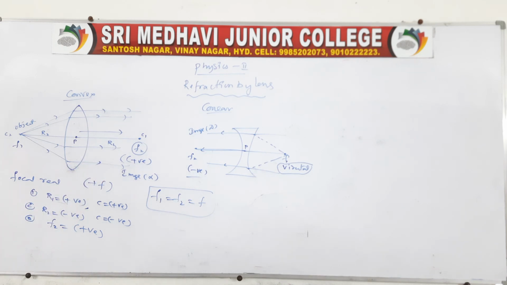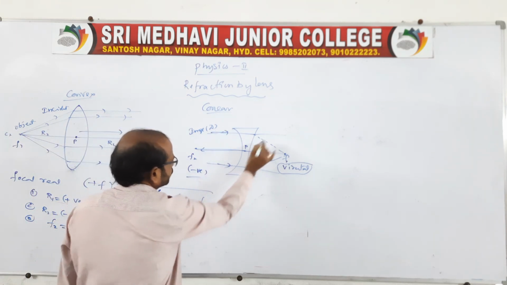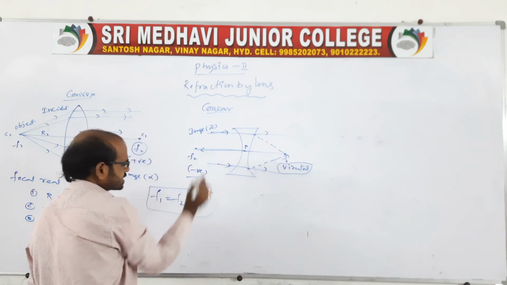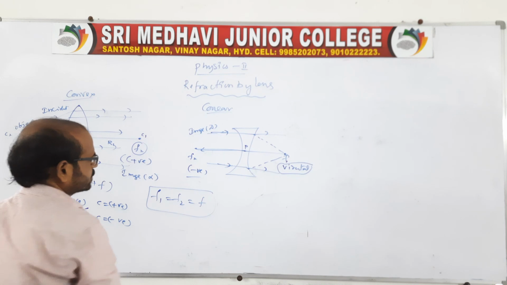All distances are measured from the optic center only, because these are incident rays. Clear? Now in this situation the rays are going the other way. In this case, what happens, sir? Again you take the radius of curvature, completely opposite.